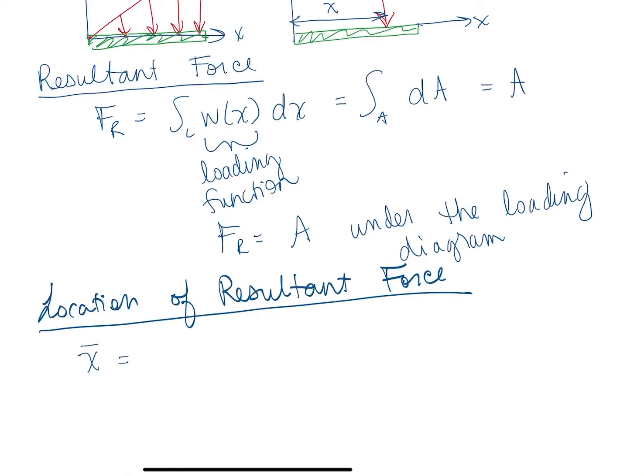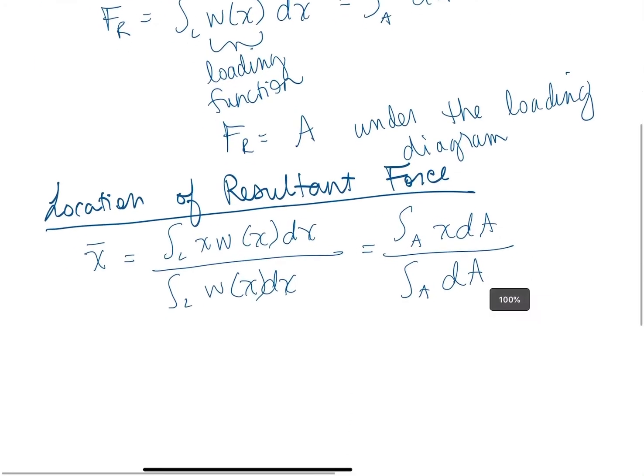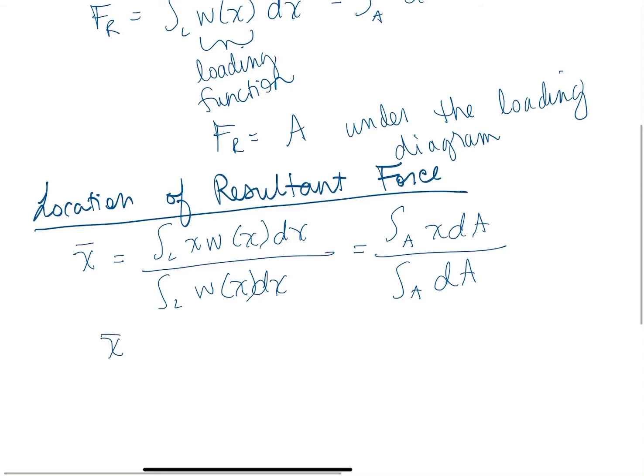It's going to equal the integral across L of X times W of X dx divided by the integral along that length of W of X dx. And that equals the integral of X dA over the integral along A of dA. So that X bar is just a centroid.